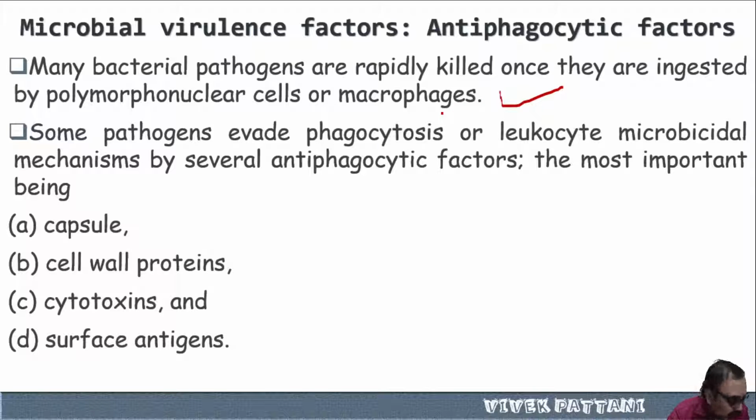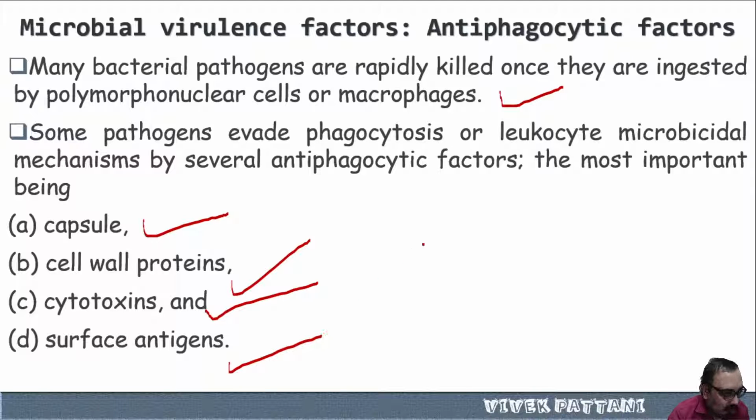Through phagocytosis, most of the pathogens are killed, but some can survive and evade this phagocytosis or leukocyte microbicidal mechanisms by several antiphagocytic factors, such as capsules, cell wall proteins, cytotoxins, as well as the surface antigen.